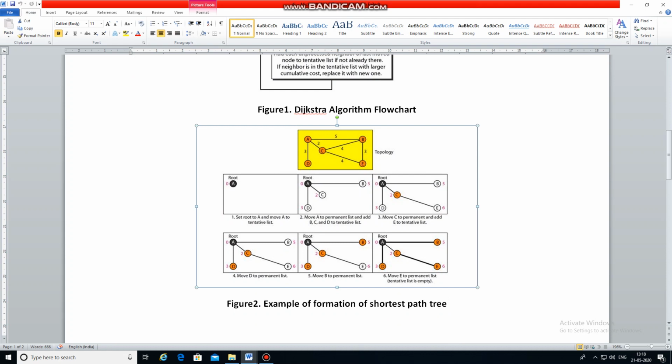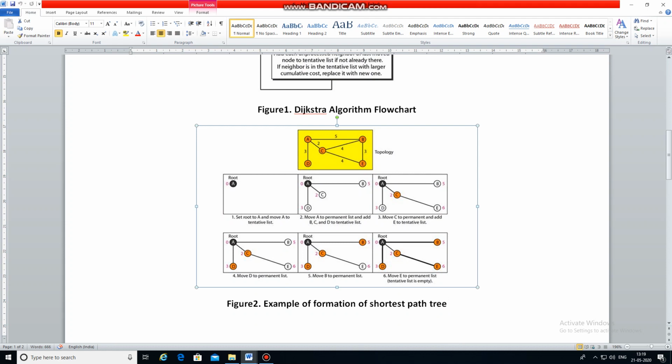five nodes are considered, that is A, B, C, D, E, right? And each node is connected with different nodes in the topology, and the weight for each path is given, right? For example, A is connected to B and the weightage of this link is 5, right?